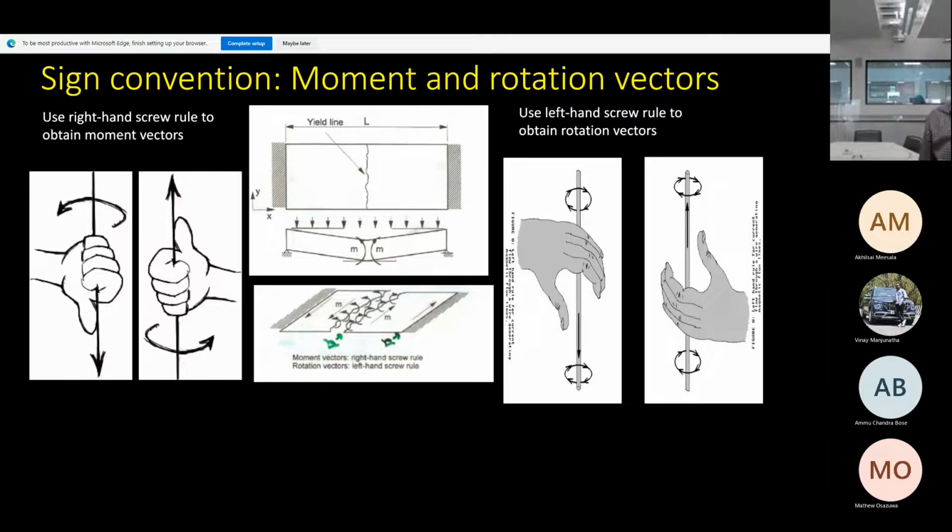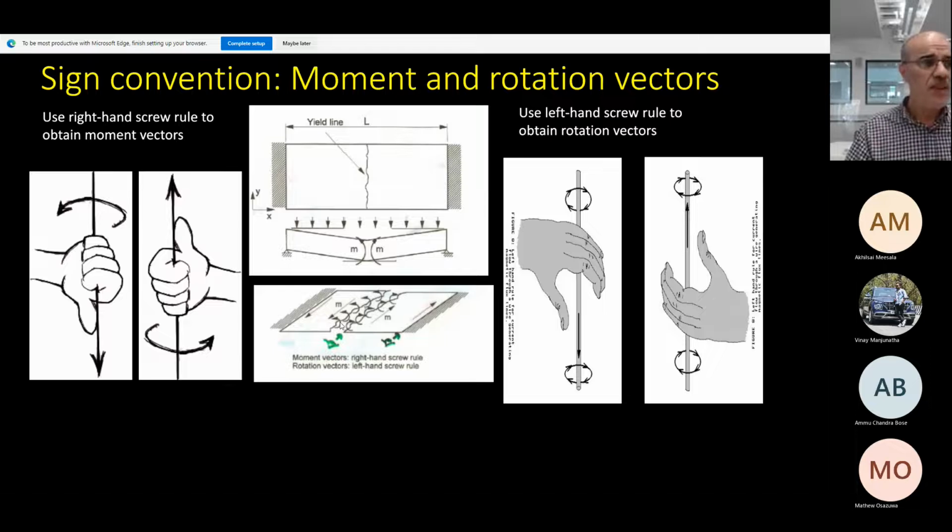The axis of rotation is opposite to the moment vector. The moment vector, you use the right hand, and the rotation vector, you use the left hand. In this case, you can see that the moment vector and the rotation vector are in the same direction.